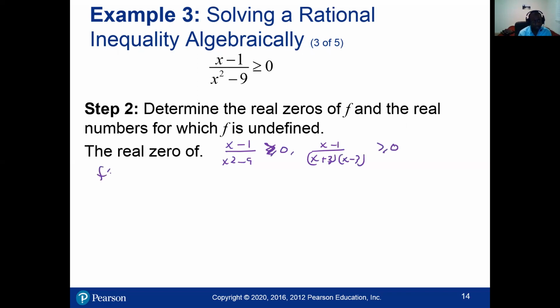So your f of x in this case is x minus 1 over x plus 3 times x minus 3. When x is equal to 3 or minus 3, the denominator is zero and the function is undefined. So let's first find the zeros of the numerator.